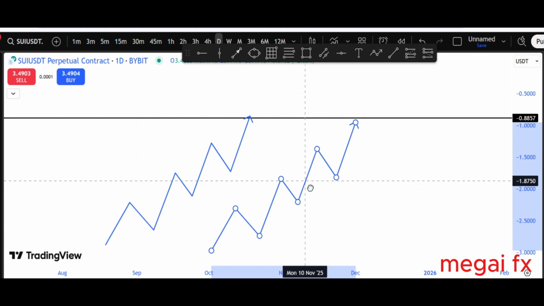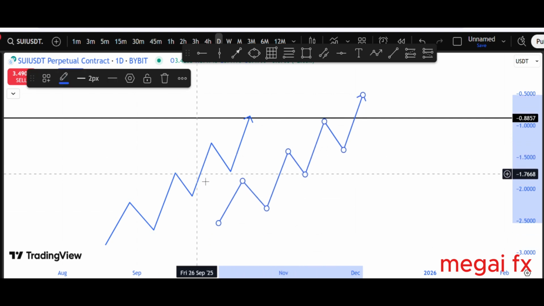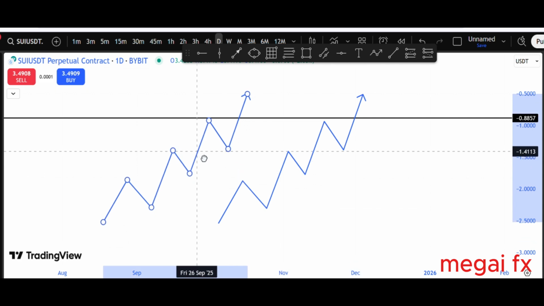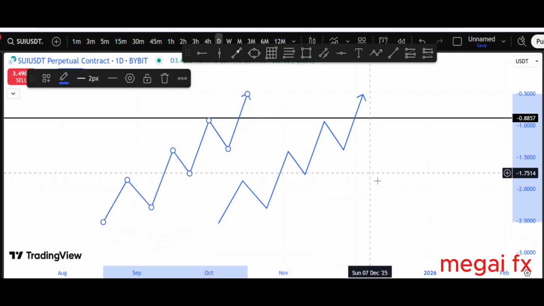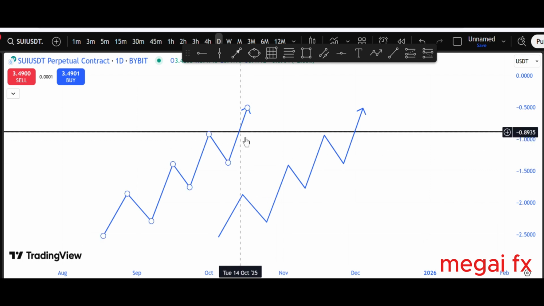You're looking at both of them when they get to this particular resistance, to know if both will break the resistance and give you a valid market structure break, as in break of structure, sorry.